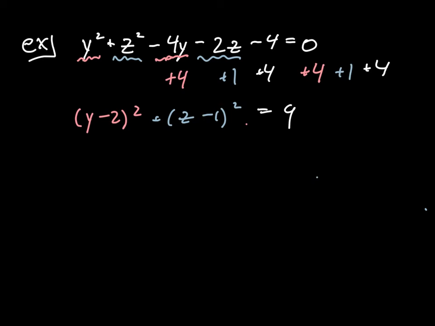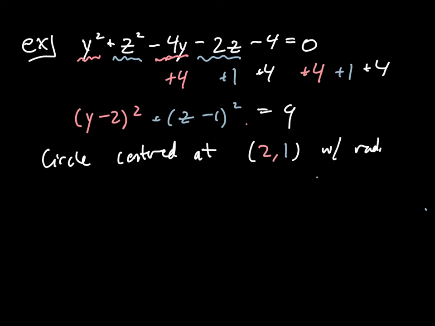So after completing the square, we see that this is the equation of a circle, depending on y and z, which is centered at 2, 1, and with radius equal to 3. And so if we draw our axes, we can graph this.